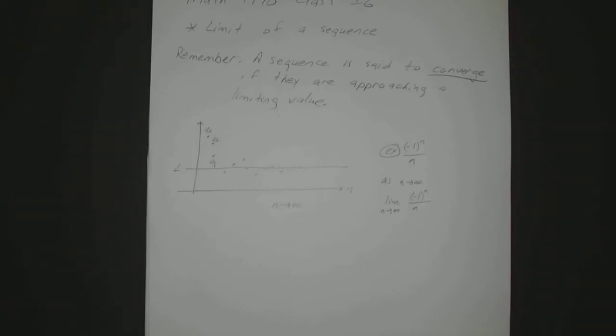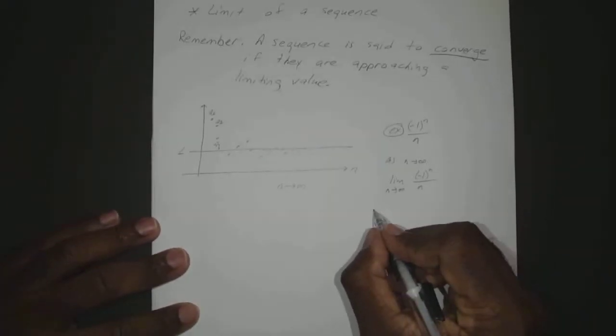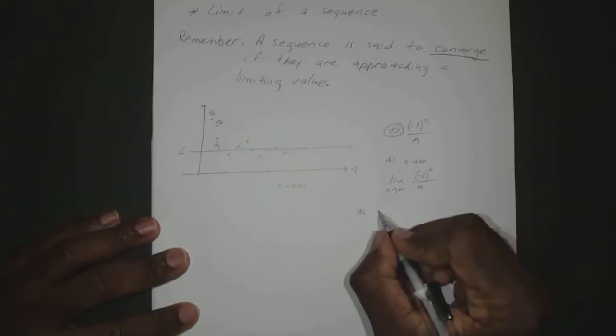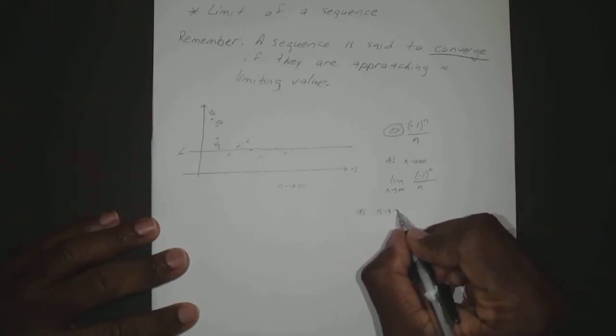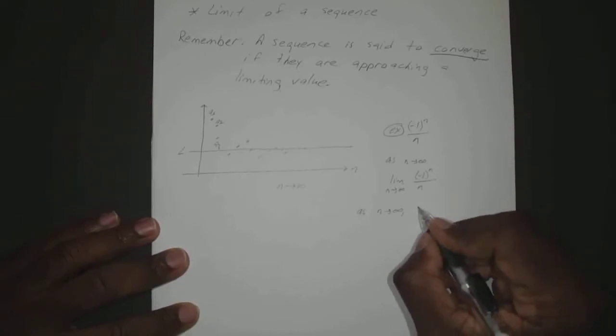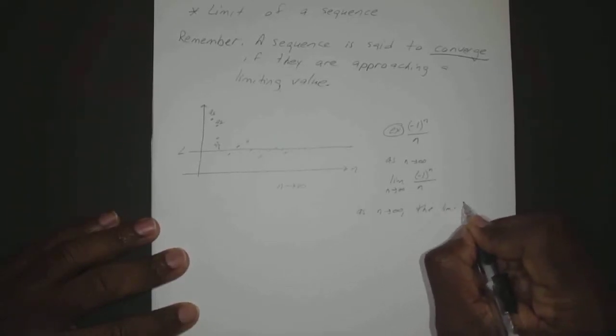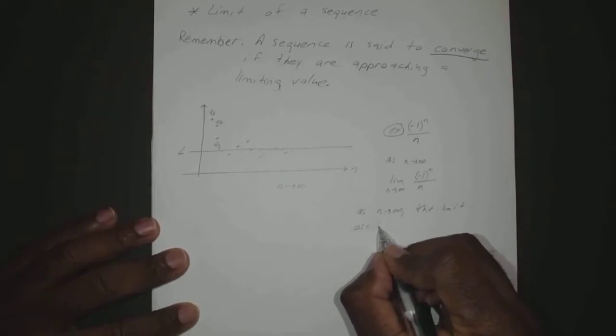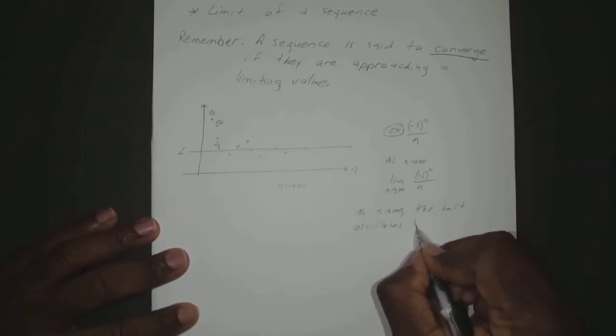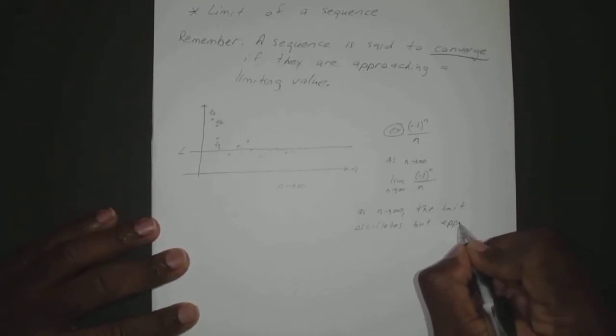So even though it's oscillating, it's oscillating towards a point. It's not like sine, where sine just bounces between negative 1 and 1 forever. This is oscillating, but it's getting closer and closer to a limit value. Does that make sense? Okay, so as n approaches infinity, the sequence oscillates but approaches 0.